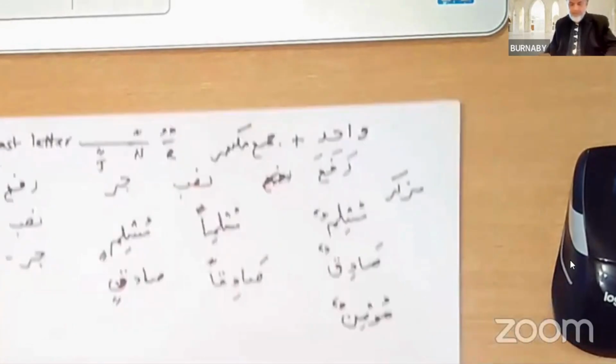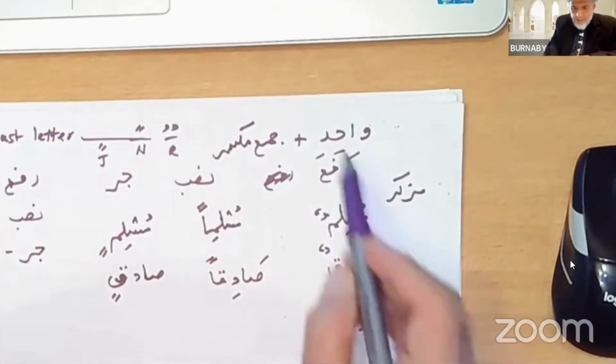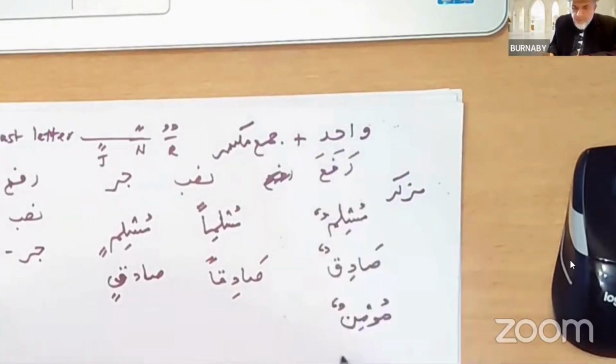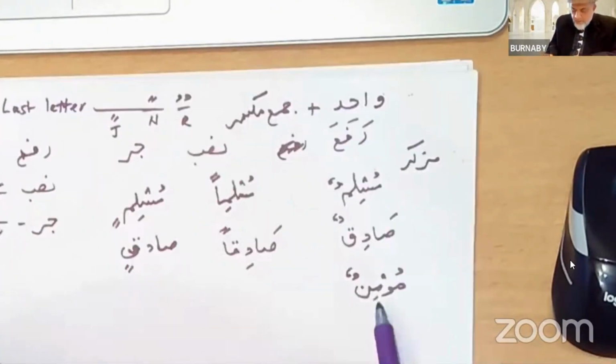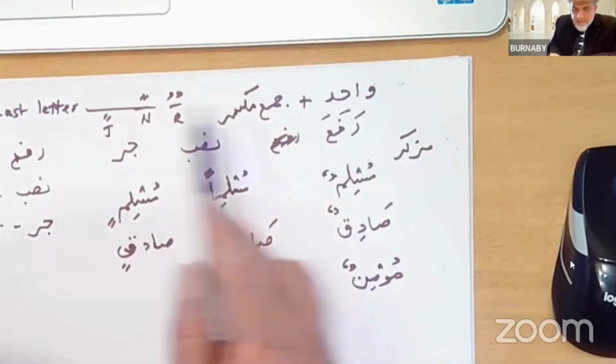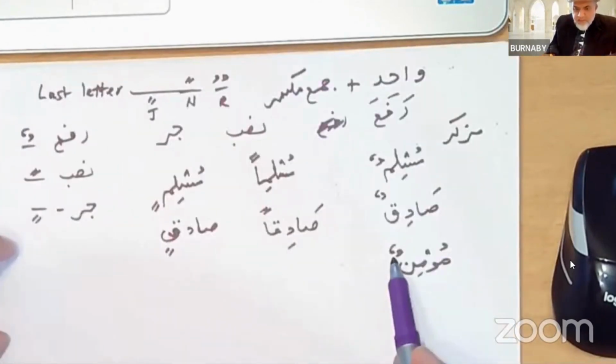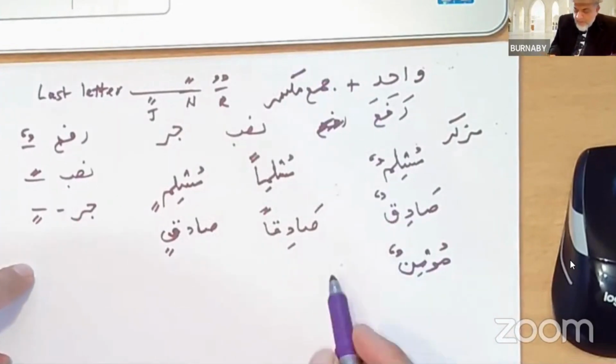Is Mu'minun Mudakkar Wahid? That's correct. So Rafa will be Mu'minun, because we said in order to find the status of a Wahid, you have to take the last letter and look at the harakat. If it's Dammatan, it is Rafa. What will be the Nasab?